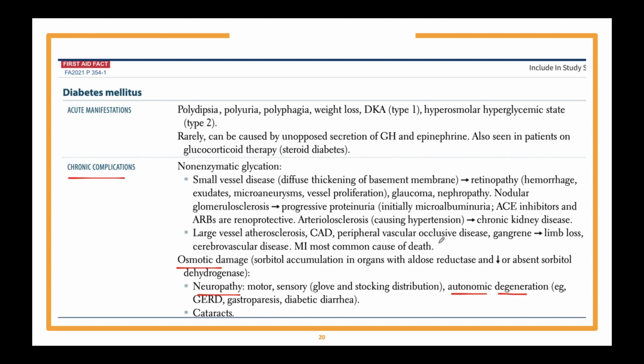Now, normally, when you stand up, you have some sympathetic activity that would cause some vasoconstriction and maintain the blood pressure when you rise from a seated position, okay? However, if you have autonomic neuropathy, you may not have that sympathetic activity.